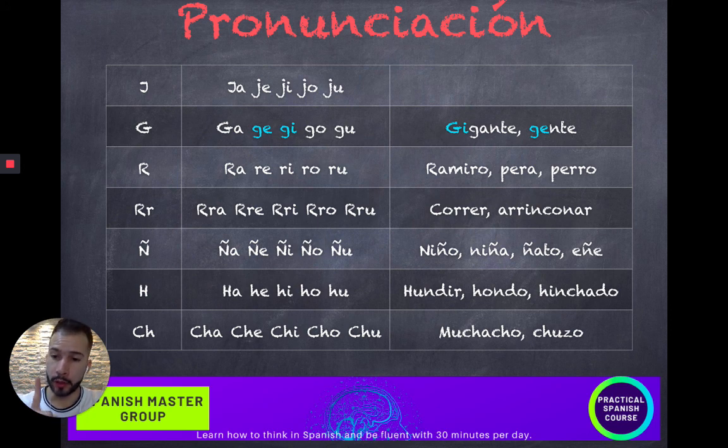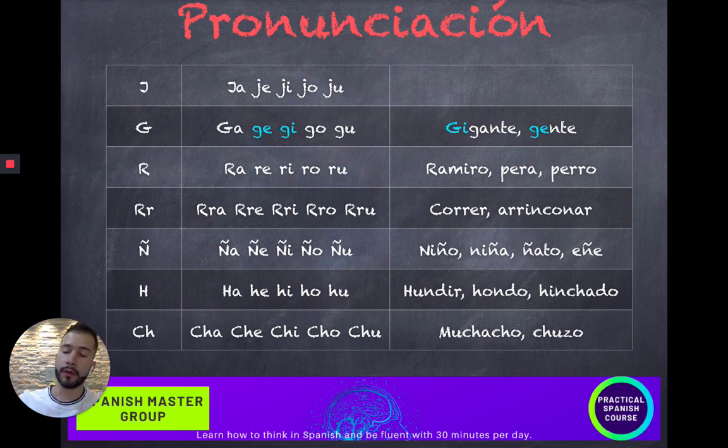It starts with one R, the strong sound at the beginning, and ra, mi, ro, the light sound in the middle, because whenever you see an R in the middle of a word it is the light sound.